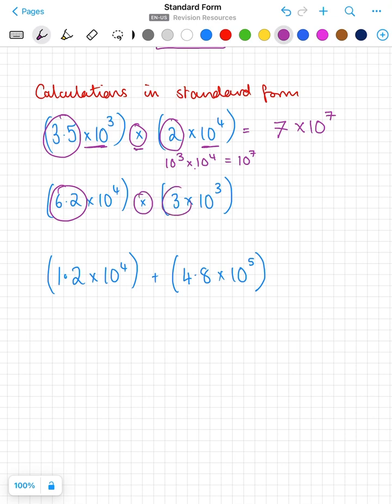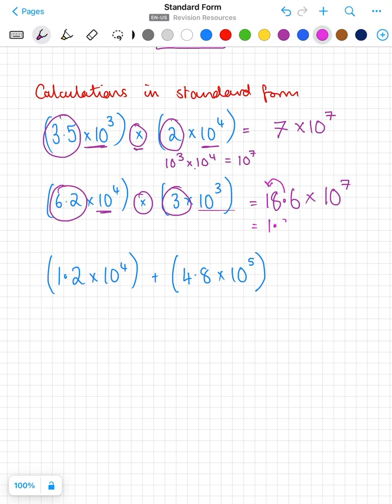Let's try another. 6.2 multiplied by 3 gives us 18.6. Now our indices, 10 to the 4 and 10 to the 3, that's times 10 to the 7. However, this is not correct standard form, because remember we need a value that is less than 10.